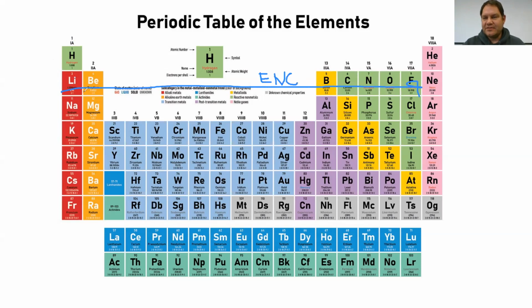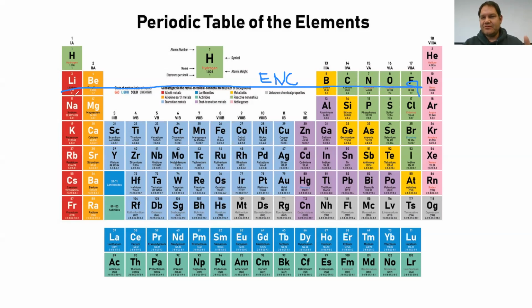That means, as a result, and write this down, the attraction between the nucleus and the valence electrons increases.